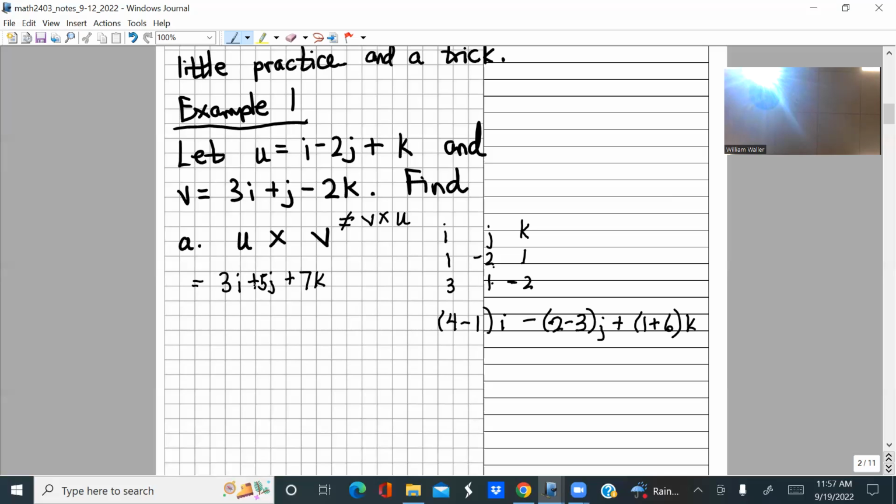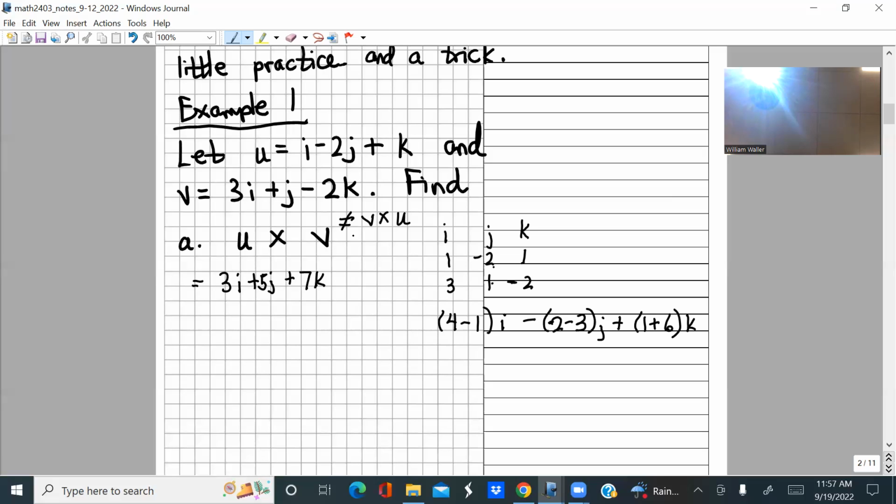Let's do a really quick check to see if this is correct. Okay. So I'm going to give you a secret here. It turns out that the cross product of two vectors is perpendicular to both of the vectors, right? So if you, for some reason, want to find a vector that's perpendicular to both u and v, you just take their cross product, okay?